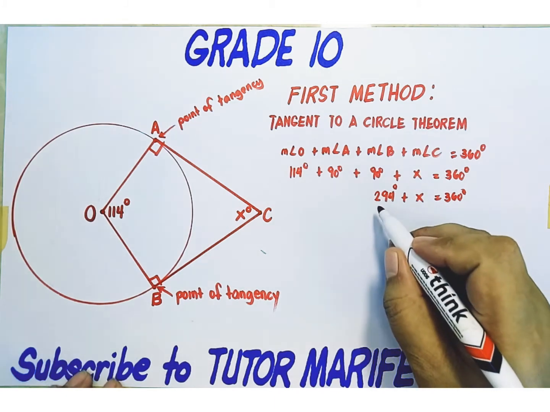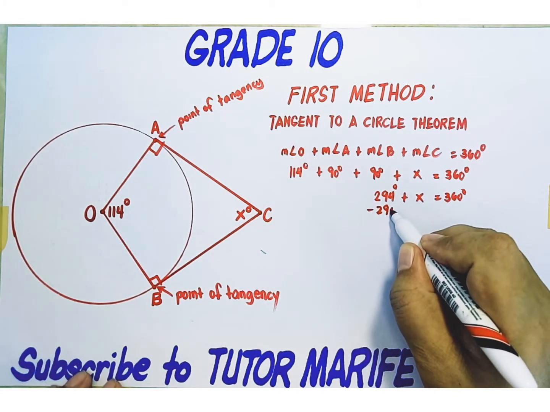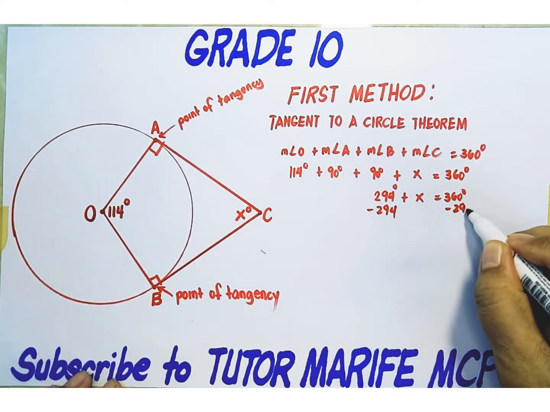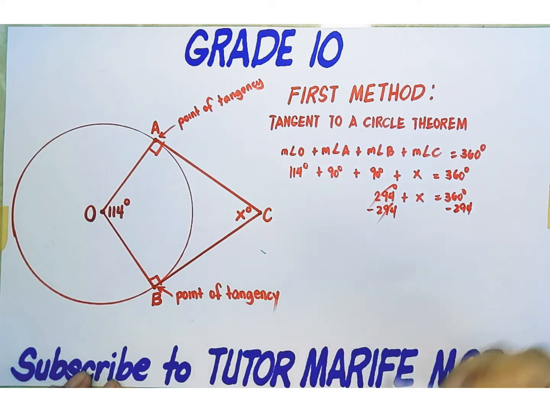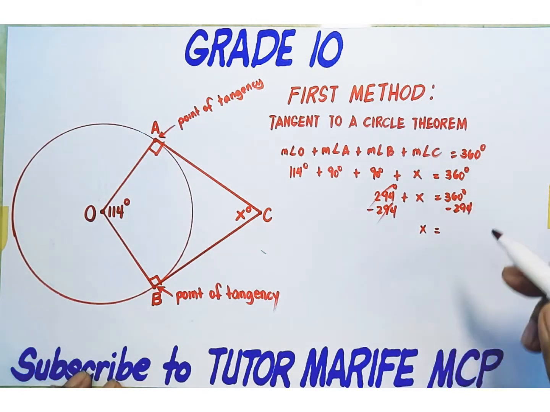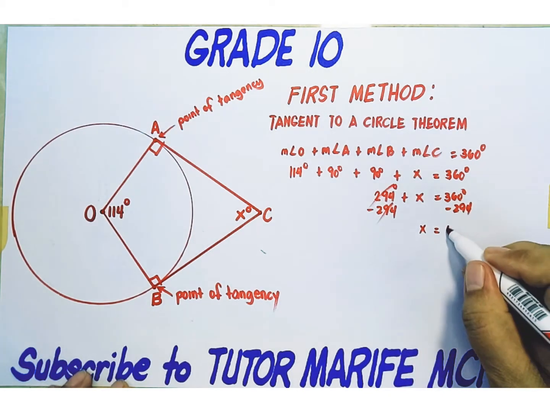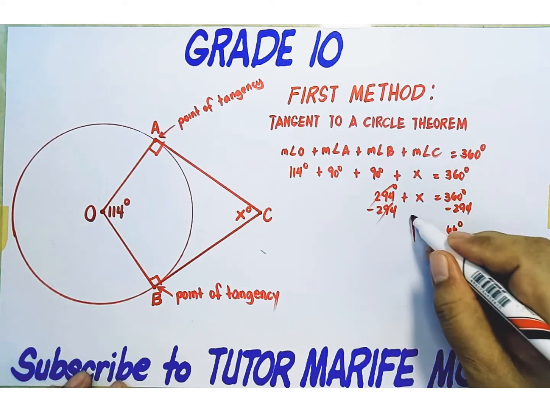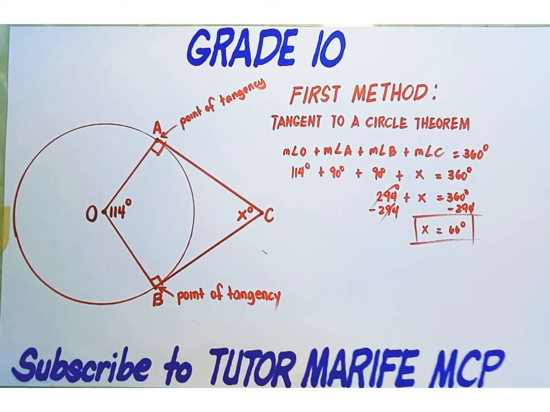Use addition property of equality. Let's add negative 294 to both sides of the equation. Cancel out opposite numbers on the left side. x is equal to 360 plus negative 294 equals 66. We have calculated the value for x. x is equal to 66 degrees.